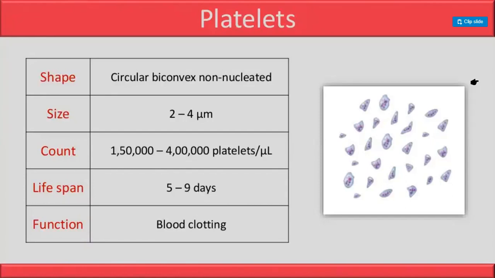In terms of quantity, or the count per microliter of blood, we have 150,000 to 400,000 platelets per microliter of blood. Now, this tells you that we have more platelets per microliter of blood than white blood cells, because white blood cells are about 5,000 to 10,000.